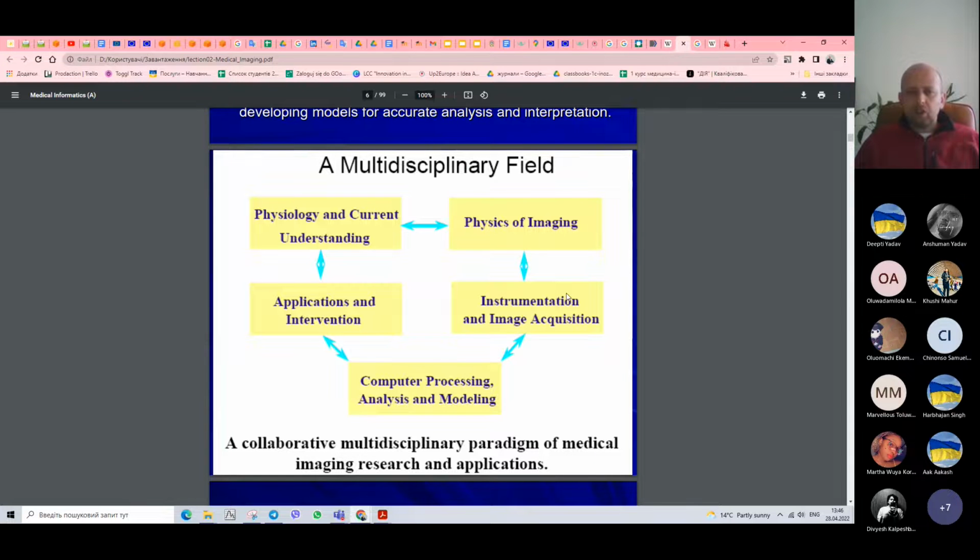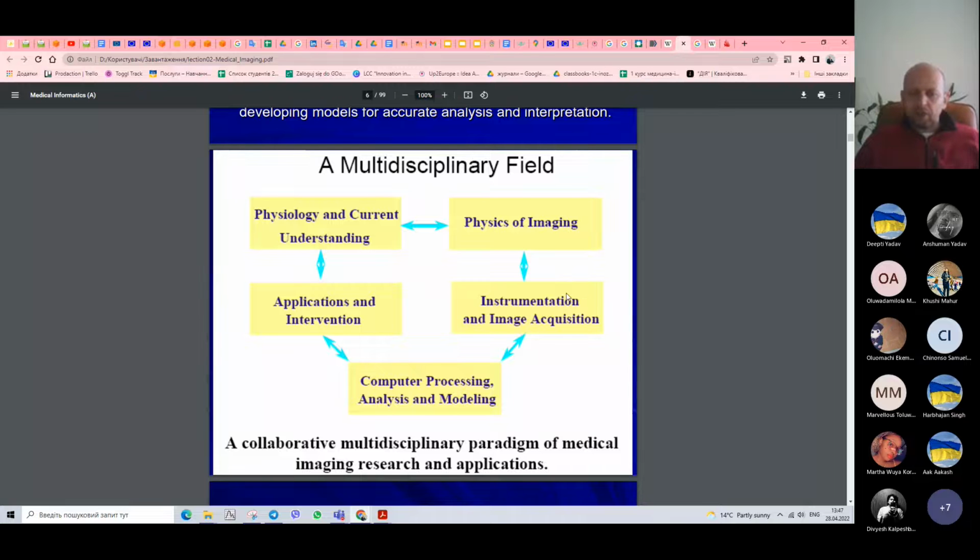Different fields which can use medical images: physiology and current understanding, physics of imaging, application and intervention, instrumentation and image acquisition, and computer processing, analysis and modeling.